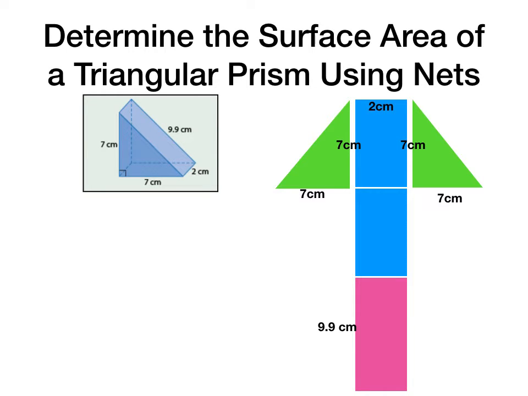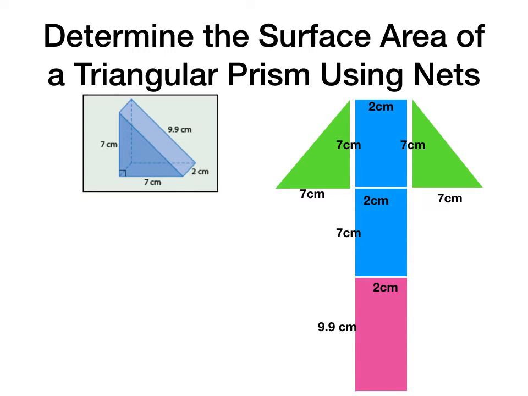Then our top view rectangle has a length of 9.9 centimeters and a width of 2 centimeters. And our rectangle that is our bottom view has 2 centimeters as its width and 7 centimeters as its length. So there's our net with all the dimensions written in.